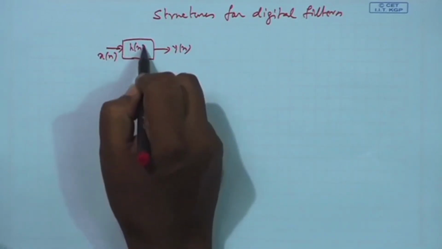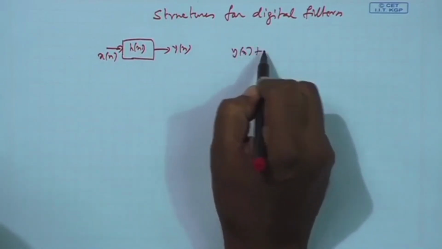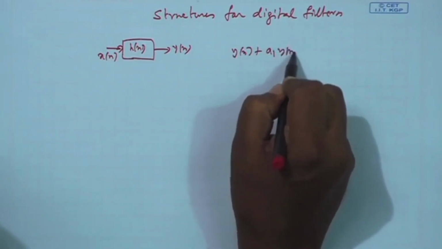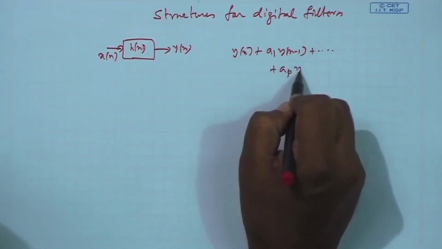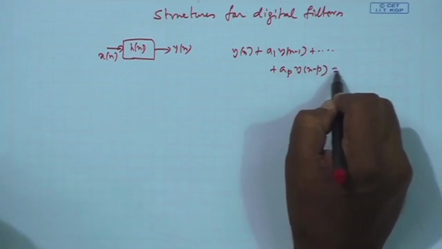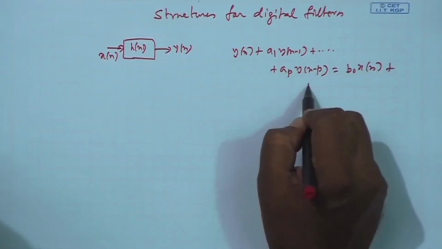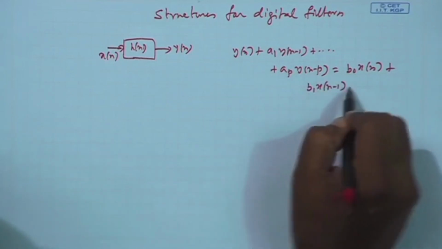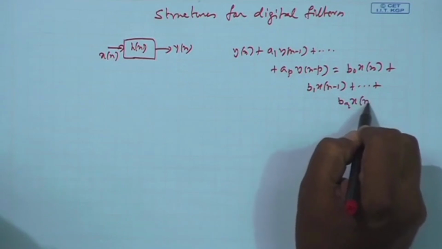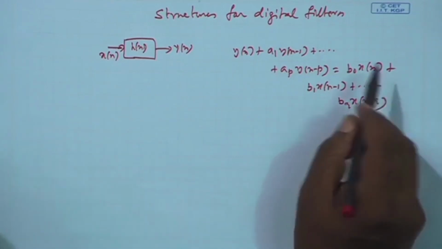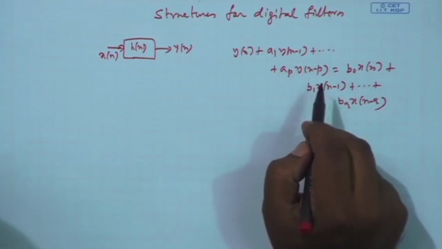We took a special kind of linear shift invariant system, a rational system: y n plus a 1 y n minus 1 dot dot dot a p y n minus p is equal to b 0 x n plus b 1 x n minus 1 dot dot dot b q x n minus q, and with 0 initial conditions it was linear and shift invariant.